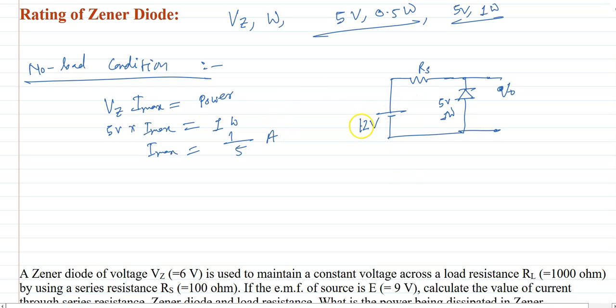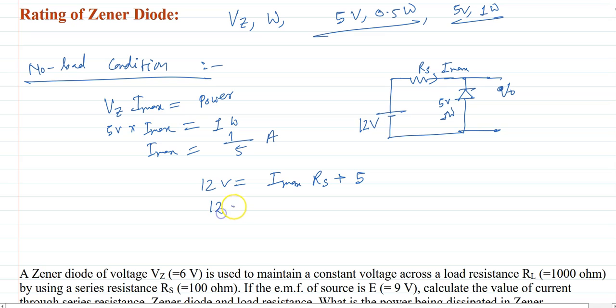So here 12 volt is applied, and RS I have to calculate. Imax I have got as 1 by 5 ampere. So input voltage 12 volt equals the voltage across the resistance, Imax RS, plus the voltage across the Zener diode. The Zener diode is in breakdown condition, so the voltage across it will be 5 volt.